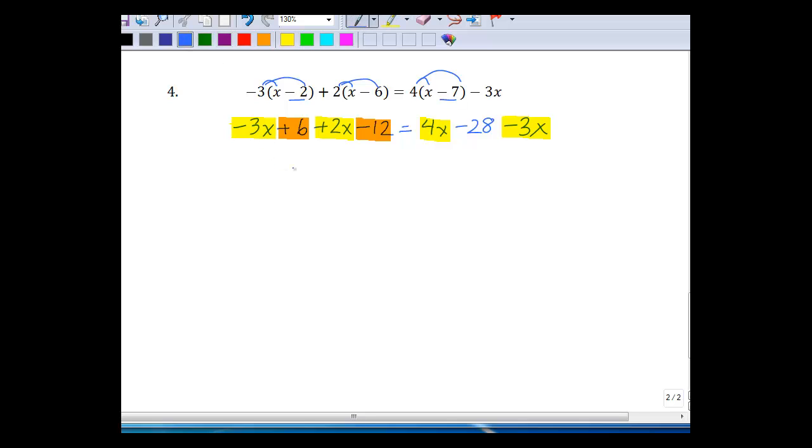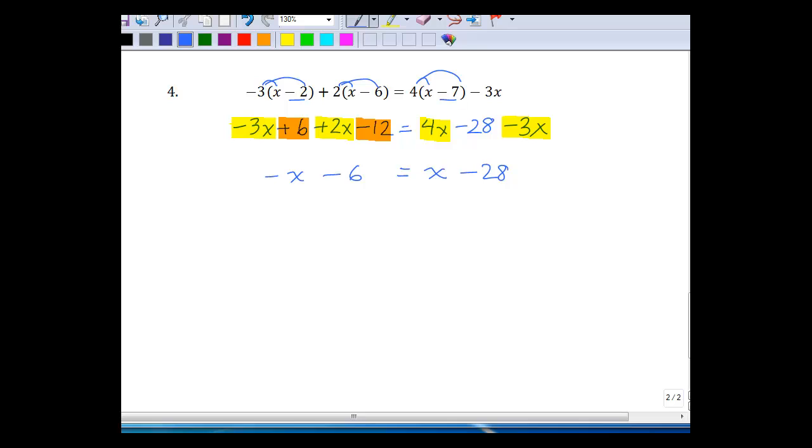So let's combine our like terms. On the left side, negative 3x plus 2x, that's negative x. And positive 6 minus 12 is minus 6. On the right side, 4x minus 3x is just 1x, and then minus 28. So we did a lot of work there to simplify. Now I'm going to move my variable terms to one side of the equal sign.